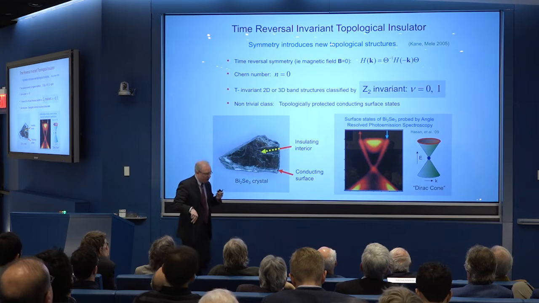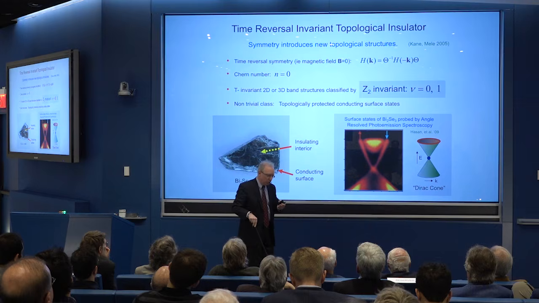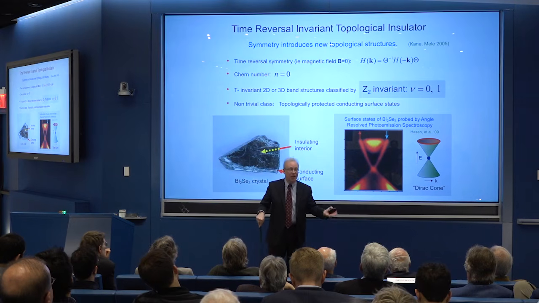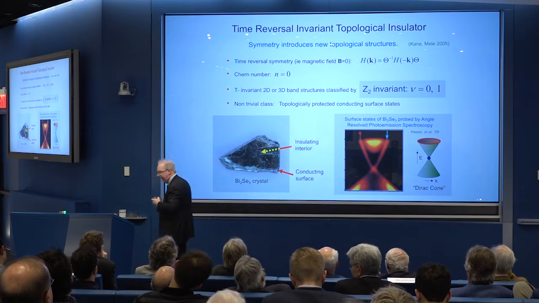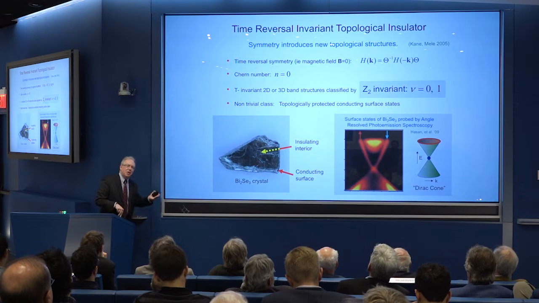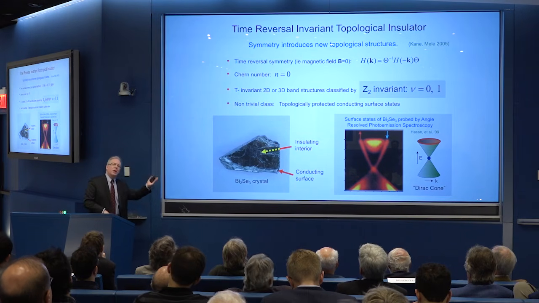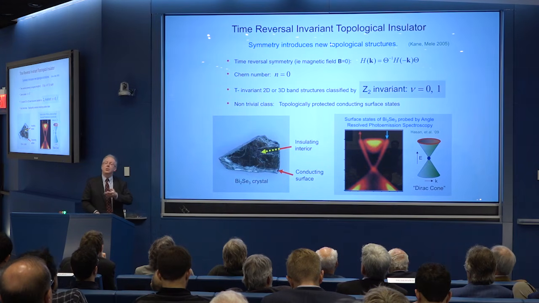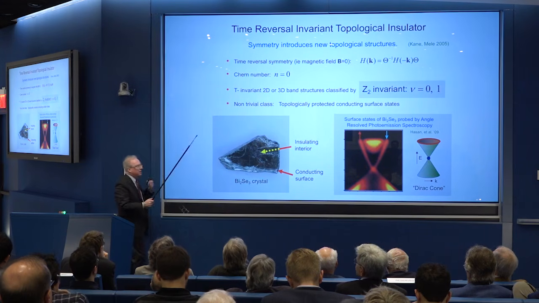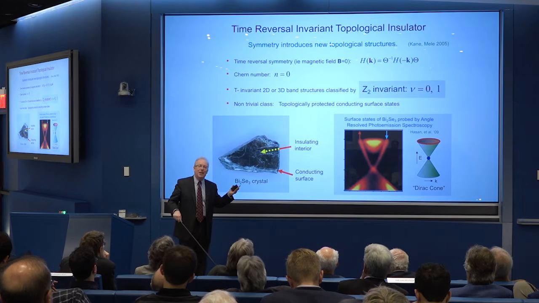We began to understand the interplay between symmetries and the topology. If you have symmetries, then they can rule out certain topological classes, but they can also introduce new topological classes. In particular, you could ask, what if you don't have a magnetic field?